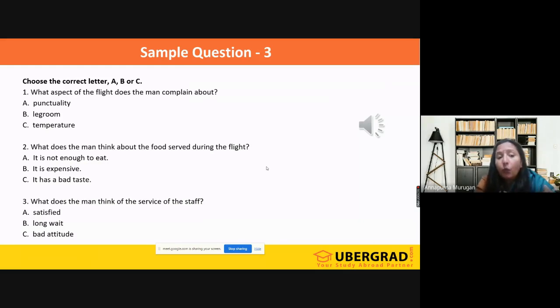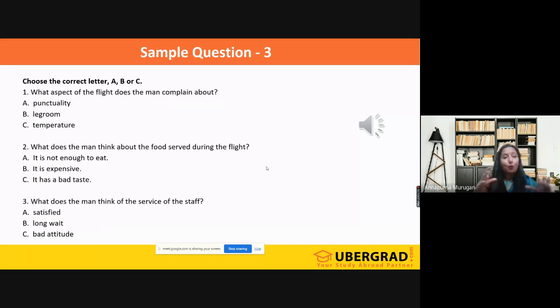Then what does the man think about the food served during the flight? That means his opinion, the man's opinion about the food that was served during the flight. Okay, you need to just find that out. What does the man think of the service of the staff?